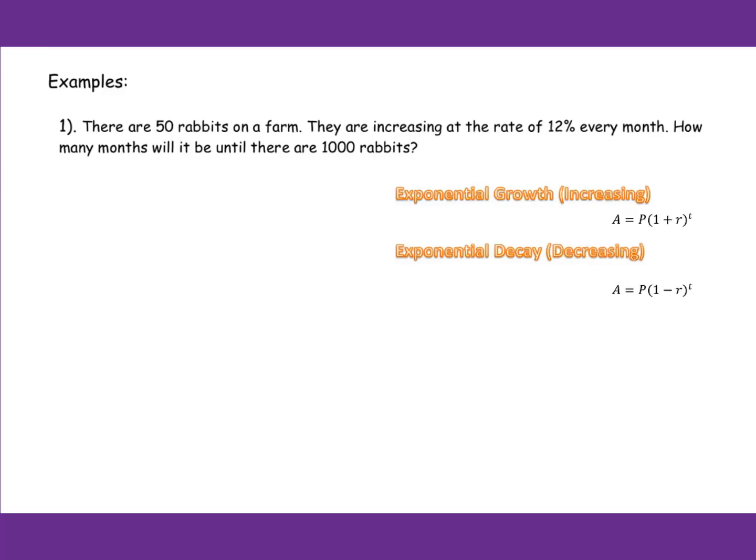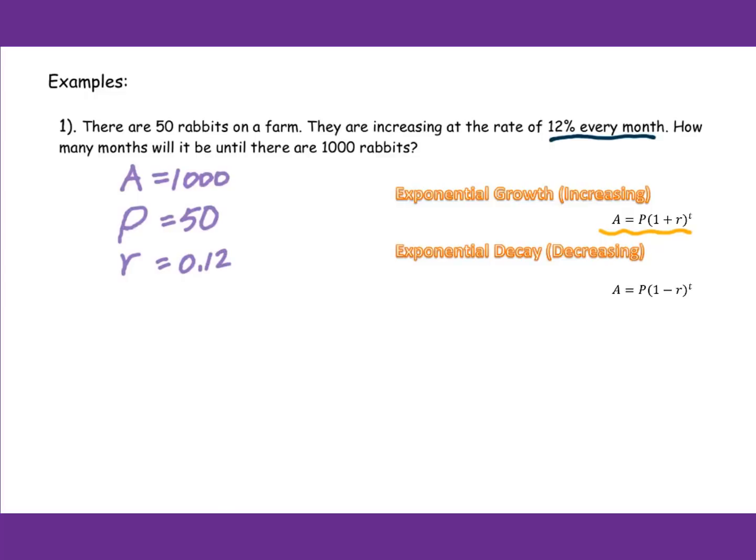Let's go to examples. There are 50 rabbits on a farm. They are increasing at the rate of 12% every month. How many months will it be until there are 1,000 rabbits? We know here's the formula for exponential growth. We know A equals 1,000 and P equals 50 and R equals 0.12.